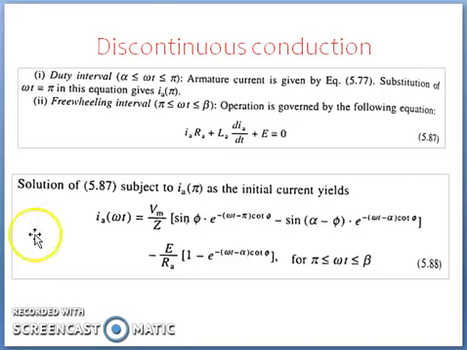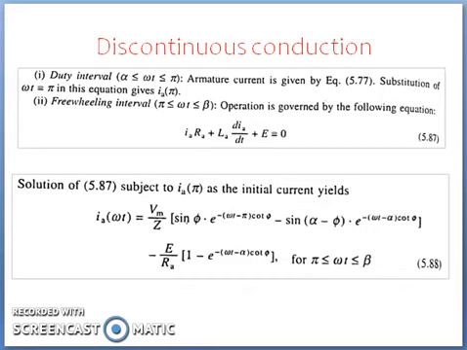Here the armature current is given by the previous equation as Ia(omega t) equal to Vm by Z times [sin(omega t minus phi) minus sin(alpha minus phi) e raised to minus (omega t minus alpha) cot phi] minus E by Ra times [1 minus e raised to minus (omega t minus alpha) cot phi].